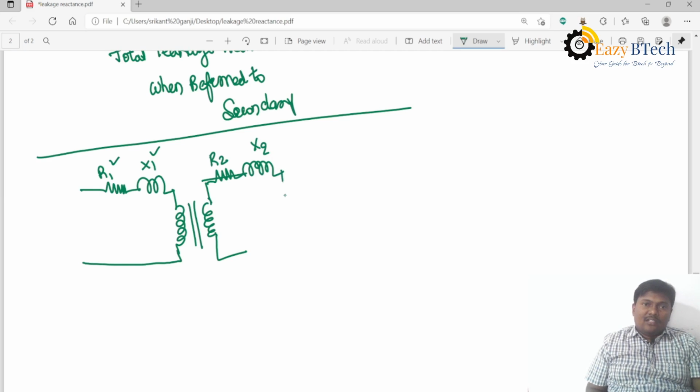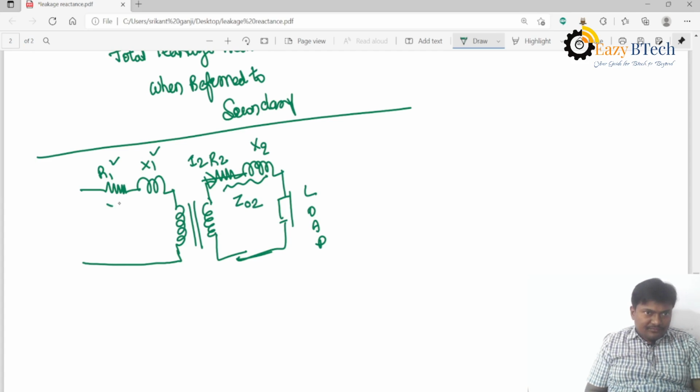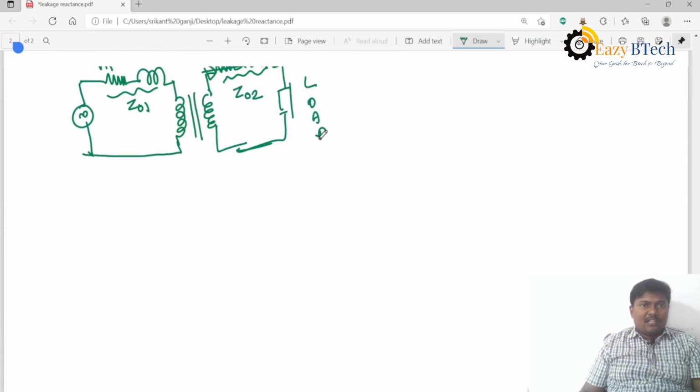This is R2 and X2. So this we can say is Z02, the total impedance. This is Z01, the impedance of the primary, and the impedance of the secondary.